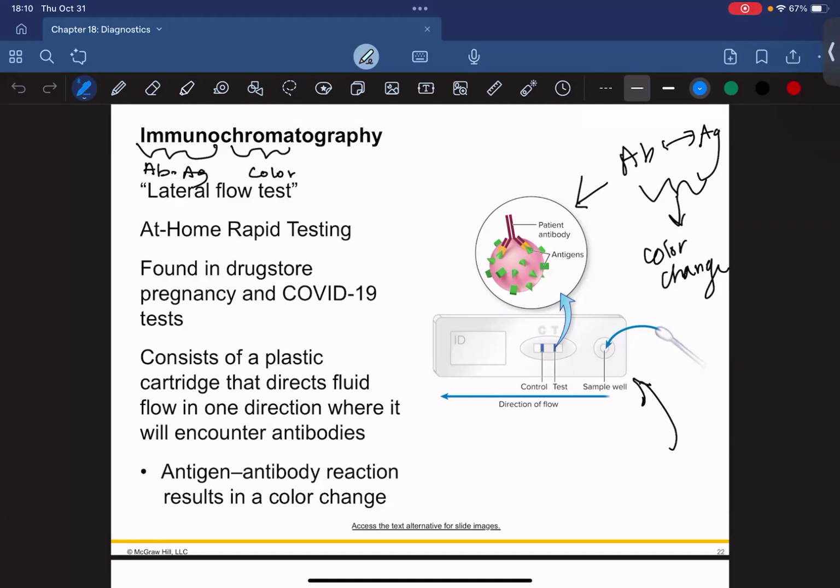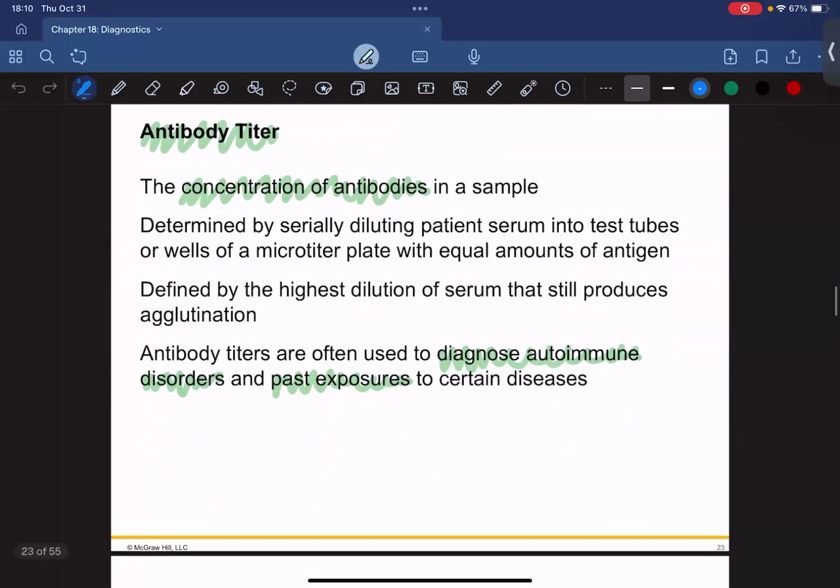And that's how we have those color change things going on. So immunochromatography: immuno means antibody-antigen interactions, chroma means color, so color change. That's all we're referring to, with the liquid moving across that laminar flow piece of paper, like you would in a column when doing chromatography. But we're using a little piece of paper.